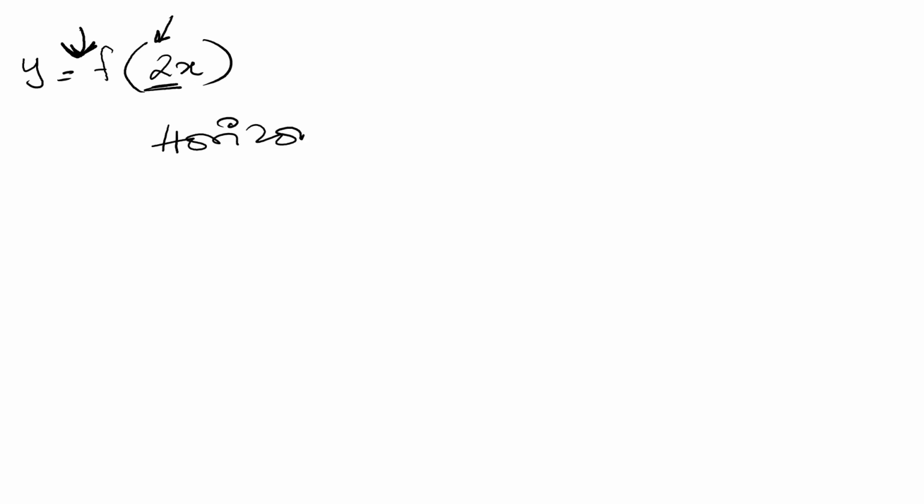What will happen if I have f of 2x, for example? This number 2 is inside the f, with the x, not outside. If it is inside, it represents the horizontal compress or stretch.